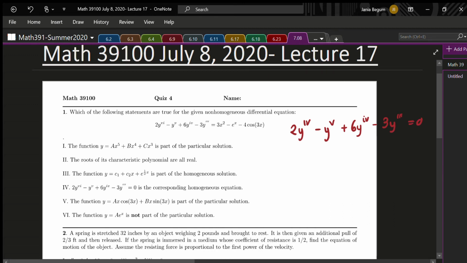So that looks like that option, right? That's true. And then for the rest, you kind of have to go and solve it, right?